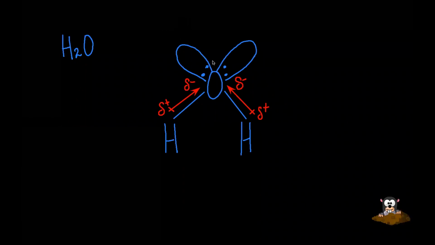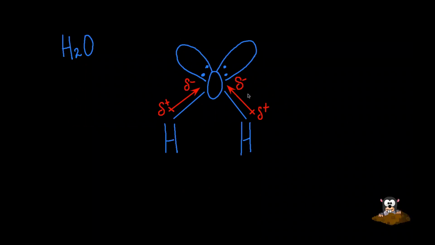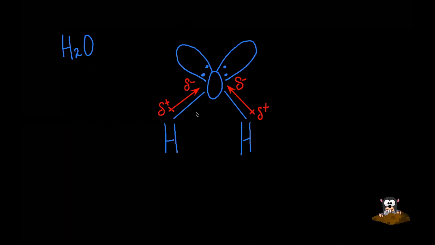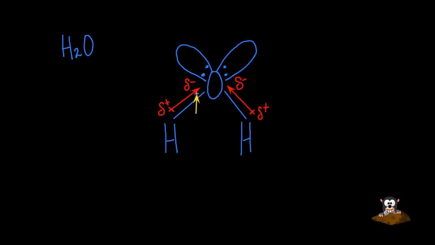Because the water molecule has a bent molecular geometry, you can see when looking at the dipoles that they are at an angle. The dipole moment is a vector quantity, and what that means is that it can be broken down into vertical and horizontal components, the y and x components. So let me go ahead and draw these out. Here we have the vertical components, and here we have the horizontal components.